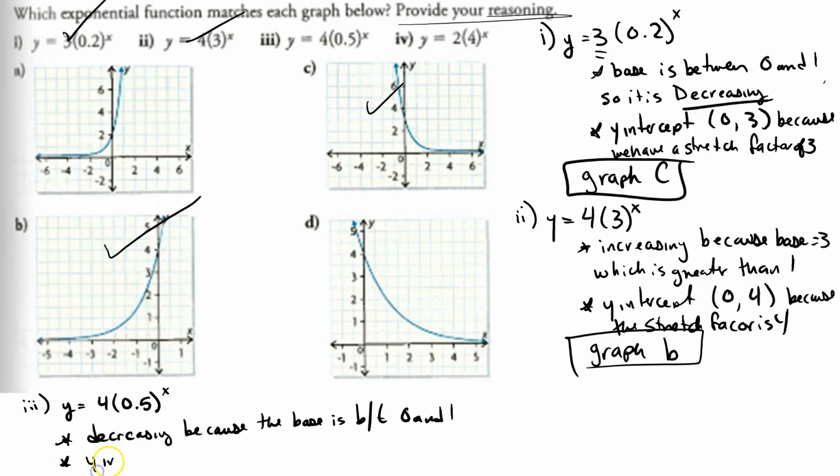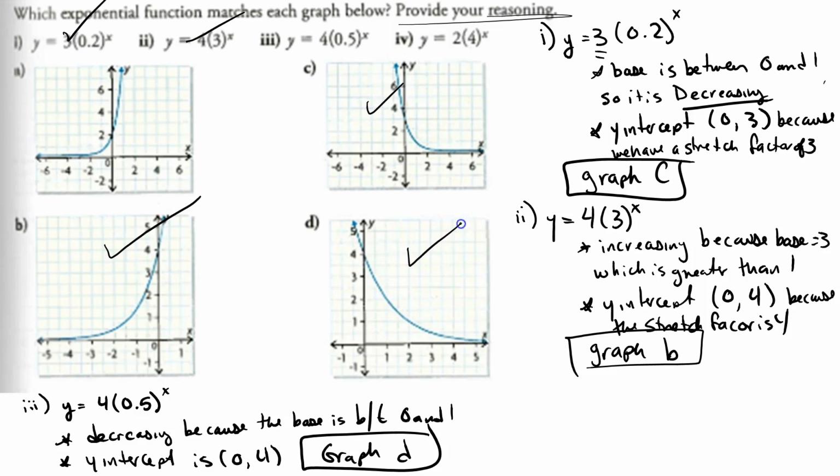And we know the y-intercept is (0, 4). So we have, I think, graph D. Here we have a decreasing function. It's getting smaller. Okay, and we have a y-intercept at 4.